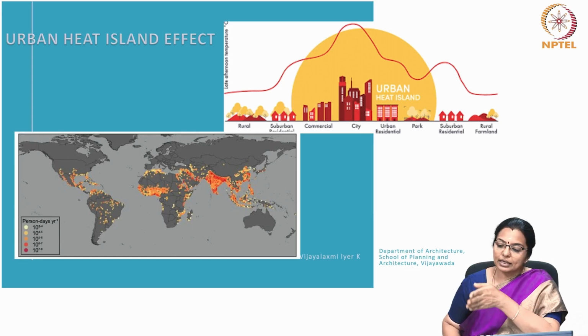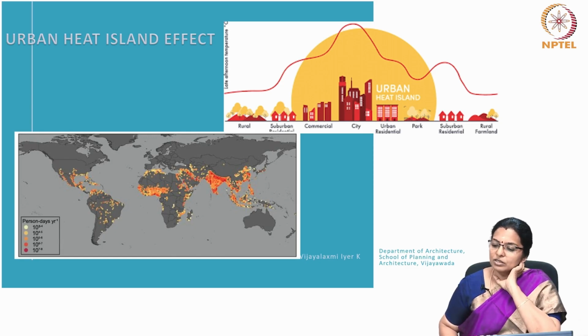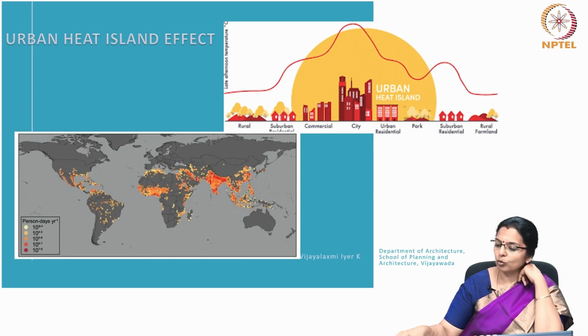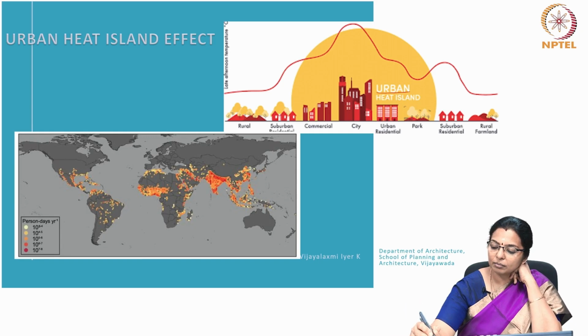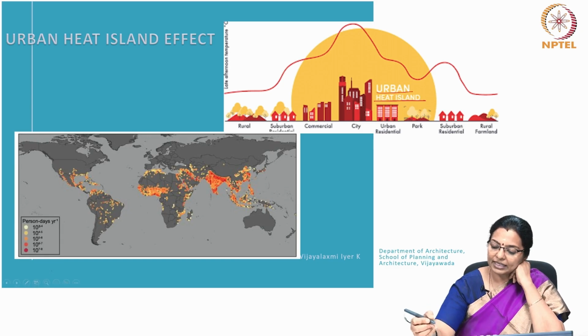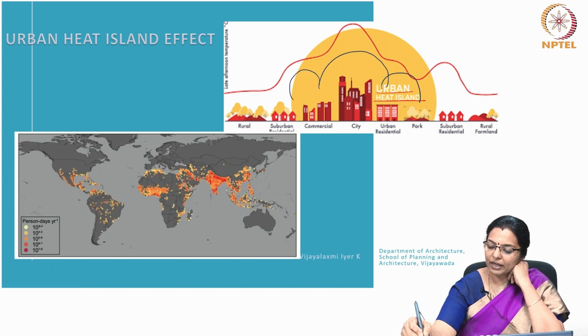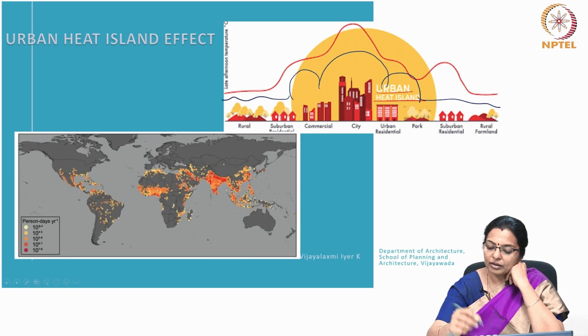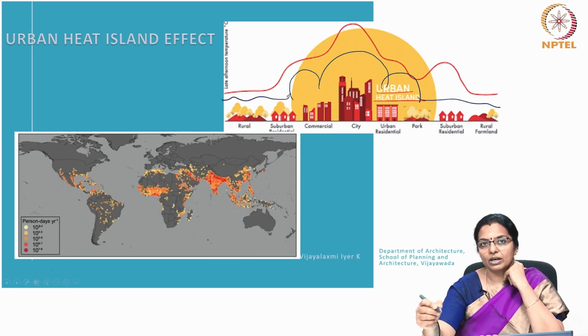So if you look at these pictures, though these are only indicative, it will give you a brief idea of what is urban heat island. Now, urban heat islands are heat islands formed along urban centers, which are very typical only for urban centers, and they are not formed along the periphery of the urban areas.